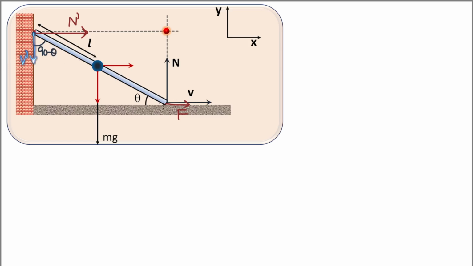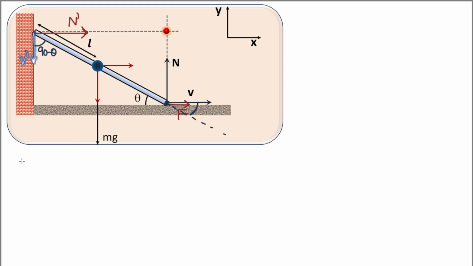and from the constraint motion, since this rod is a rigid body after all, the velocity of approach between any 2 points on this rod is going to be equal to 0, right? So if I take the component of this end's velocity v dash along this rod, v dash cos(90 minus theta), that should be equal to the component of this end's velocity along the same direction, that is going to be v cos theta, right?